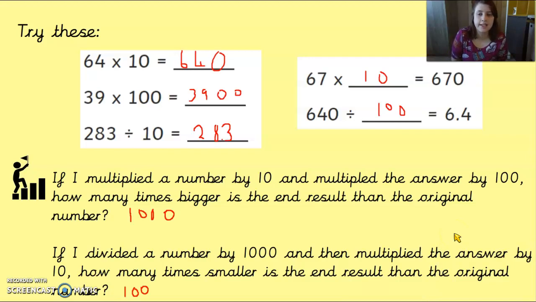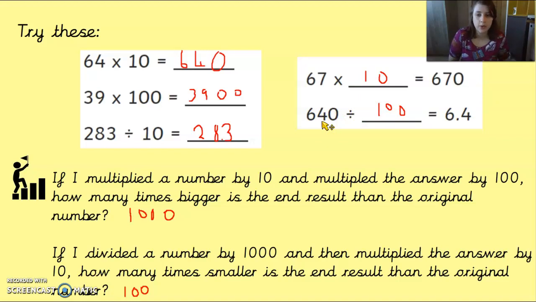Okay, so hopefully you had a chance to do some of those questions and you can have a check of your answers on the screen now. So we've got 64 times 10 is 640, 39 times 100 is 3,900, 283 divided by 10 is 28.3, 67 times 10 gives you 670, and if I divide 640 by 100, it would give me 6.4.